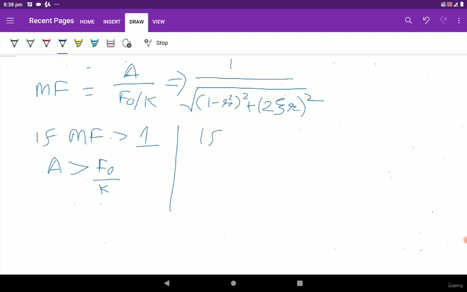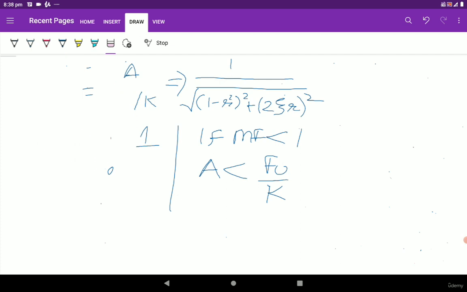And if the magnification factor is less than 1, then we can say that the dynamic amplitude is less than the static deflection, that is F naught by k. So let's further discuss.